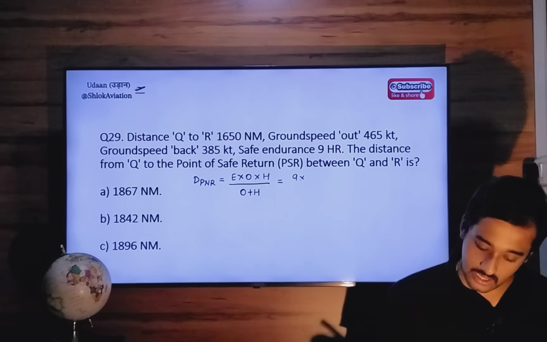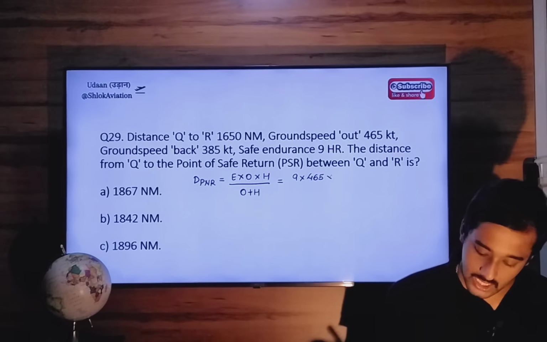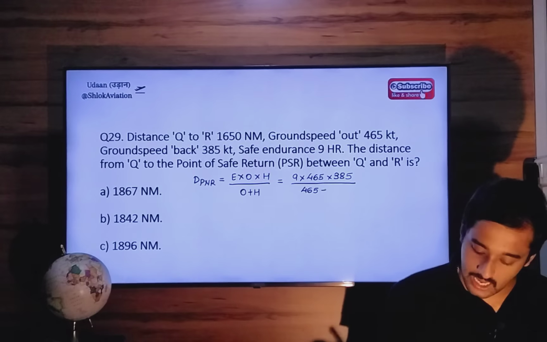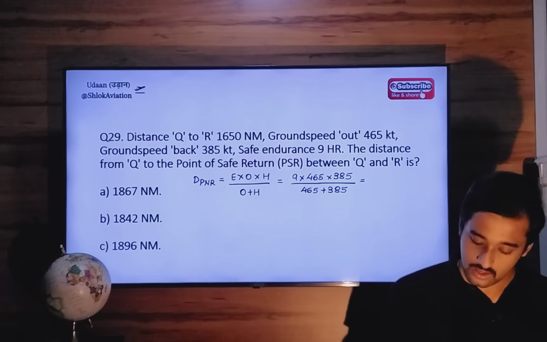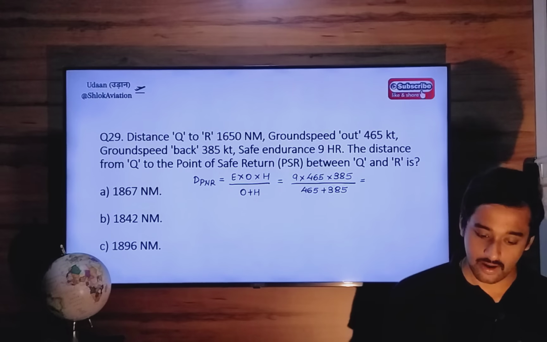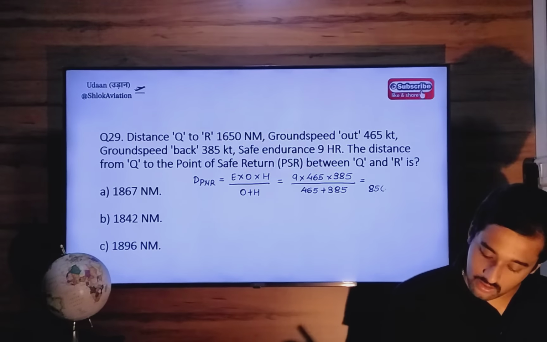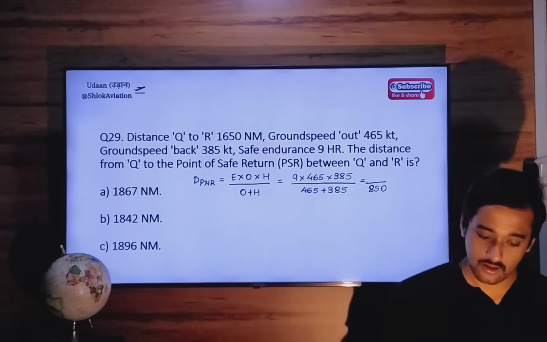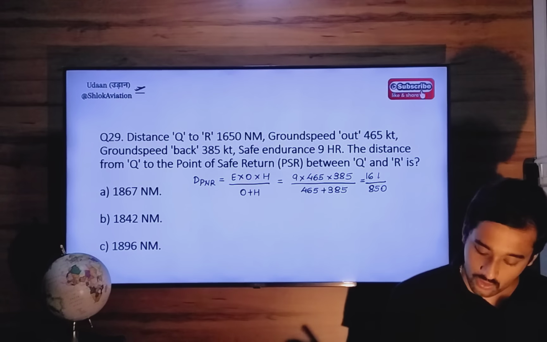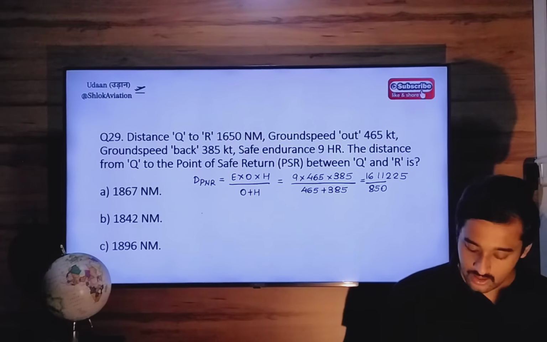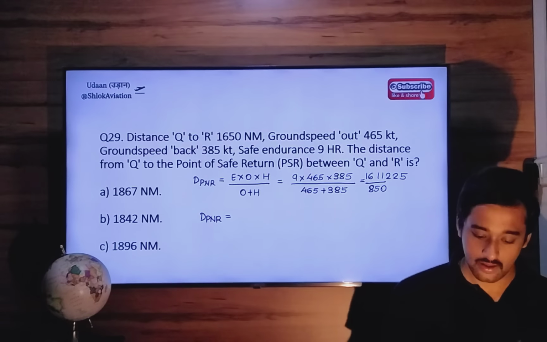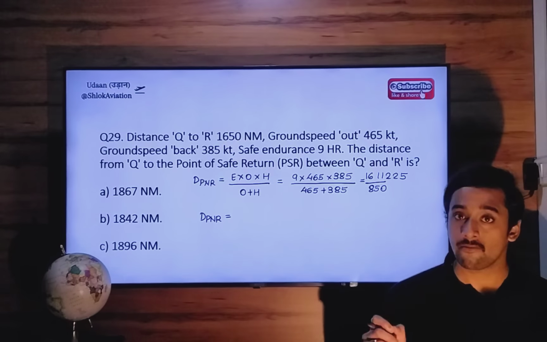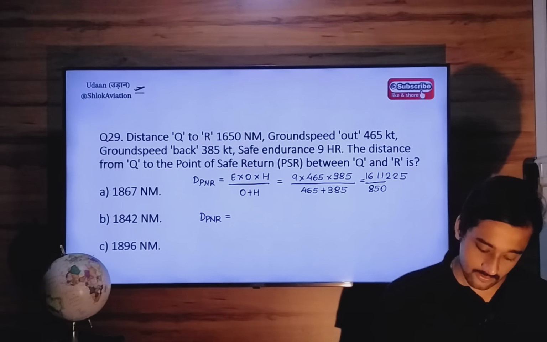So 9 hours multiplied by 465 multiplied by 385 divided by 465 plus 385. 465 plus 385 is 850. 9 into 465 into 385 is 1,611,225. So distance to PNR will be that divided by 850, which is 1895. Option C.